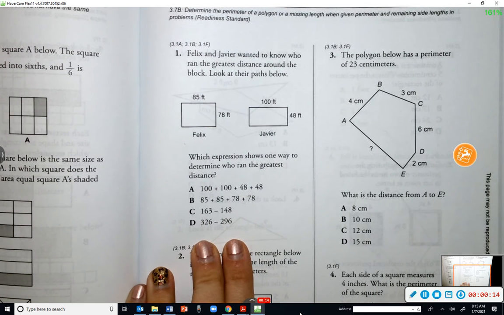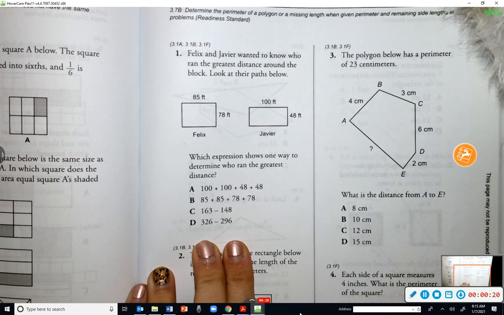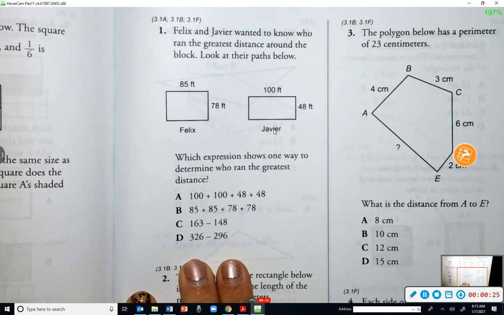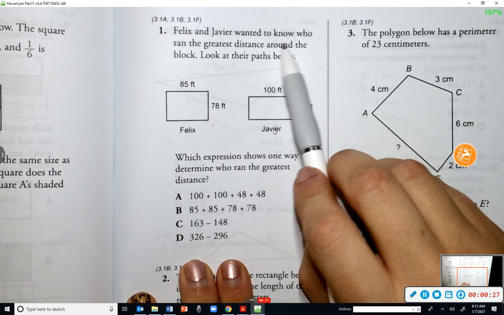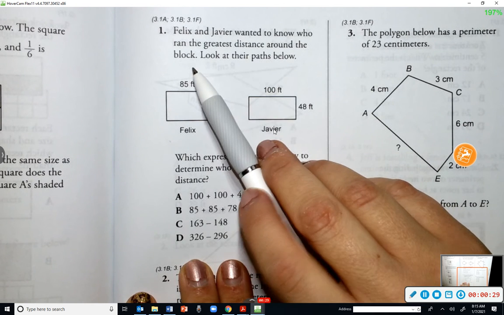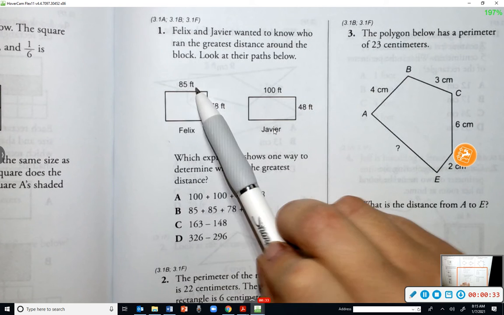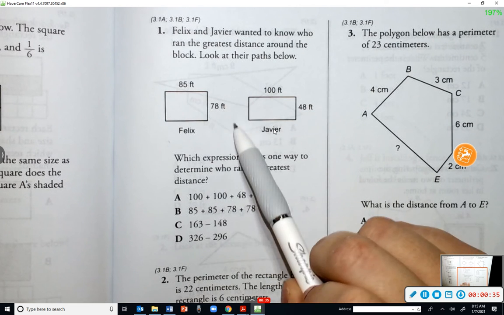Okay, so number 1 asked you to find which expression shows one way to determine who ran the greatest distance. Felix and Javier wanted to know who ran the greatest distance around the block. Look at their path. Here's Felix, 85, 78, and he's going all the way around.